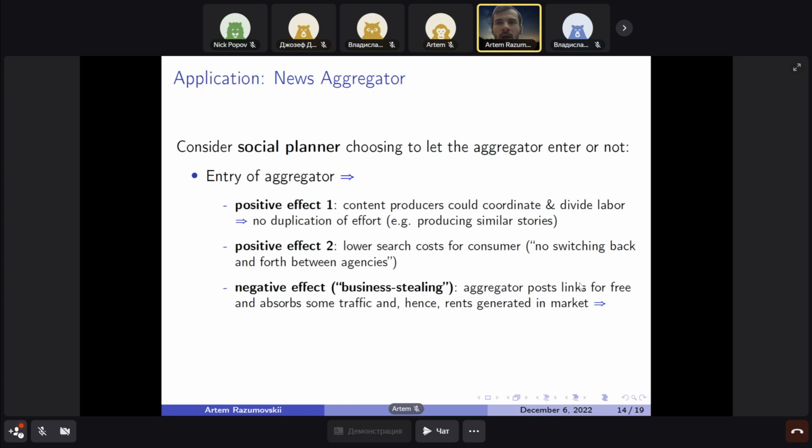But now agents spend time on the aggregator as well, so the available time of agents is distributed not only across agencies but at the aggregator as well. So less time of agents is left for agencies, and then there can be an incentive for content creators to somehow react to that. We will discuss it a bit later.